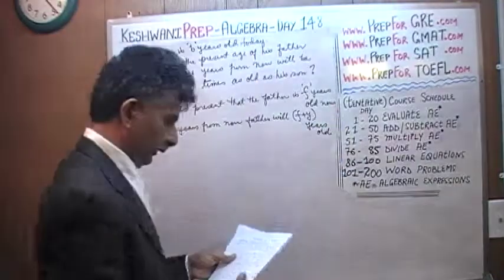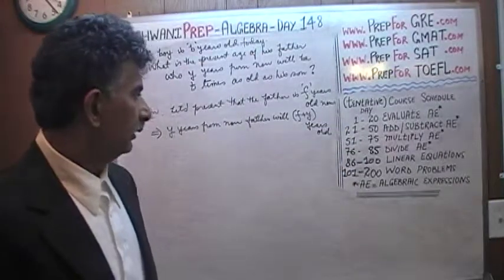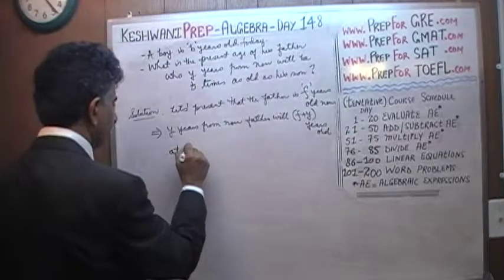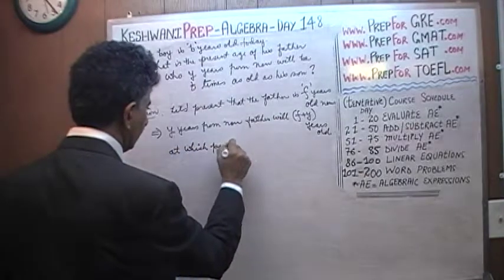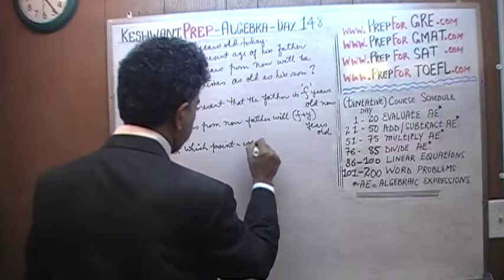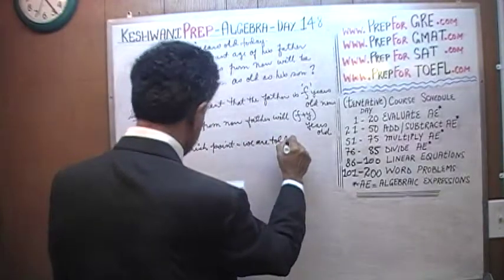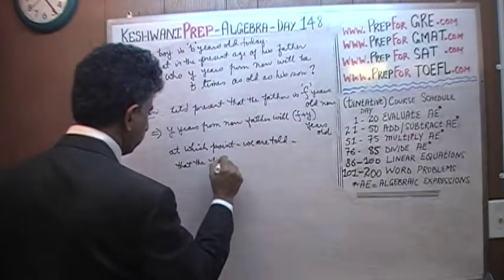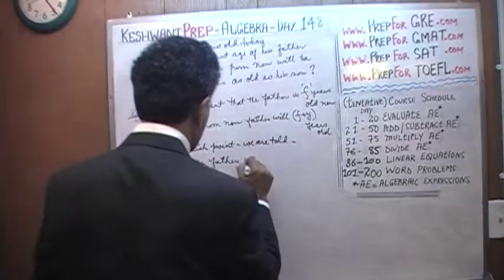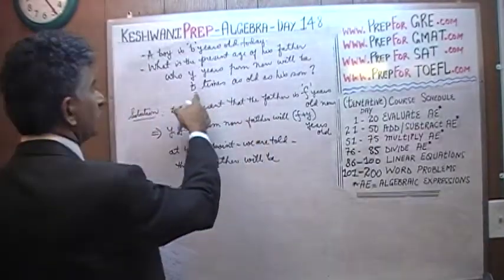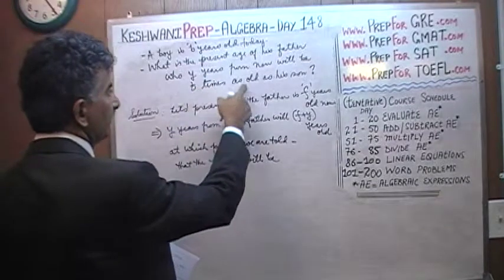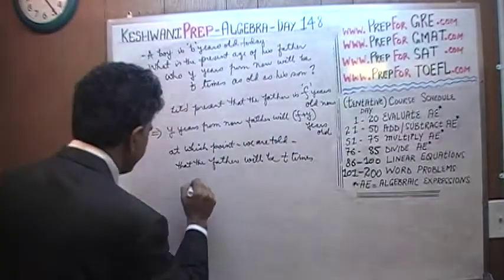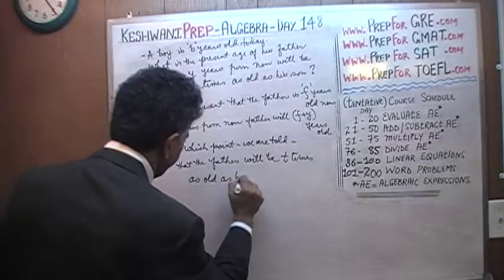old. That's how old he's going to be Y years from now. At which point we are told that the father will be, Y years from now, T times as old as his son.